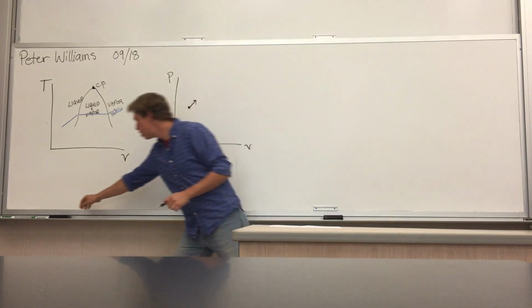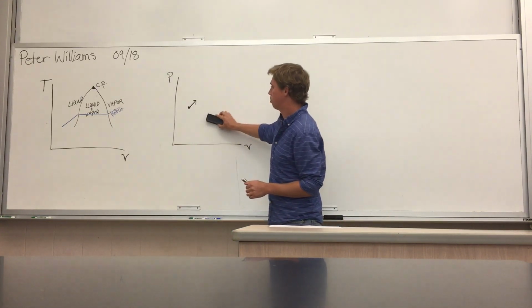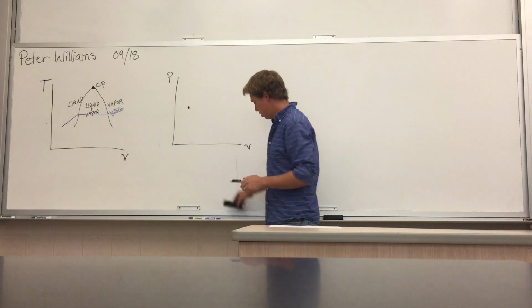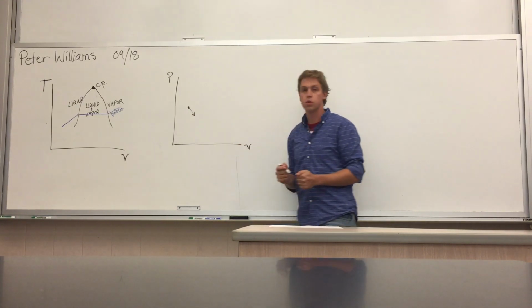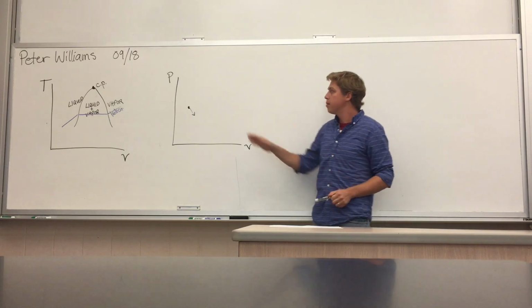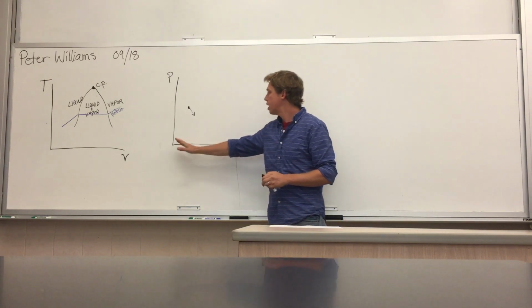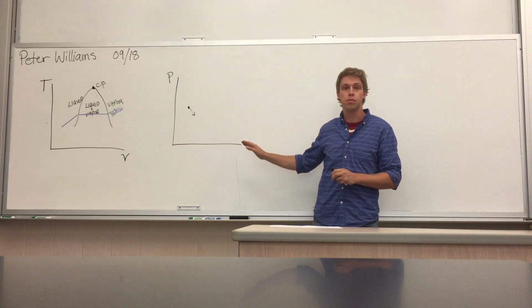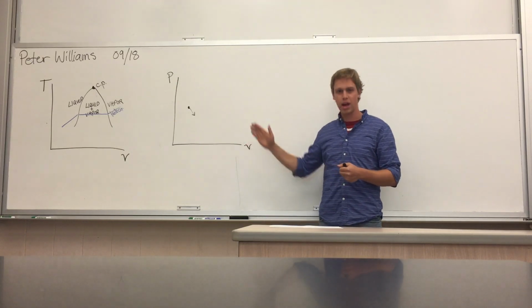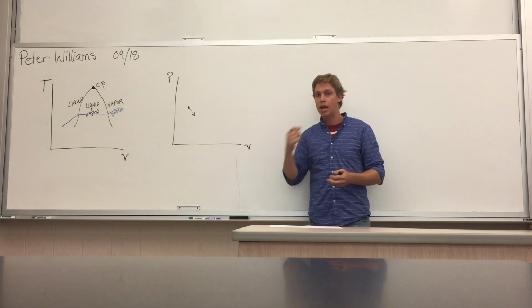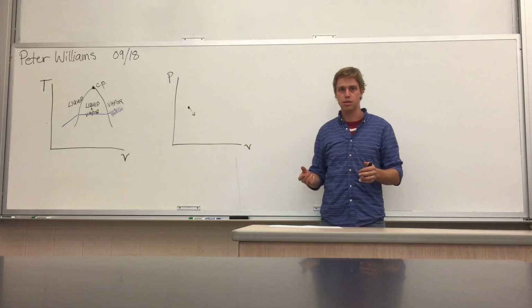It turns out that on the pressure versus volume graph, it's just a little bit different. It goes that way. Okay? So what this means is that as we increase the volume, the pressure goes down, right? That direction of the arrow makes sense, and this is intuitive to us, all right?